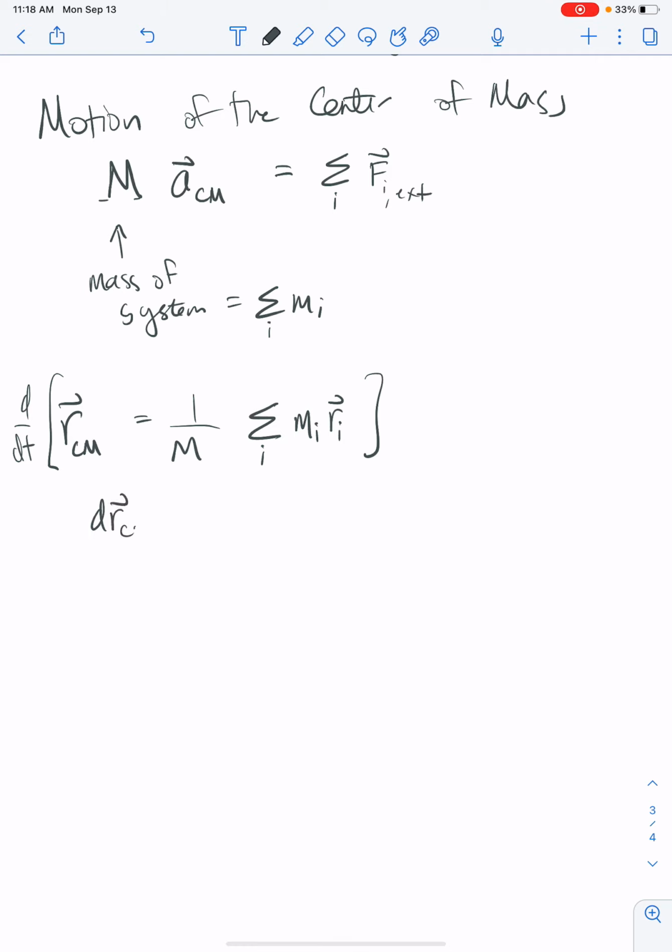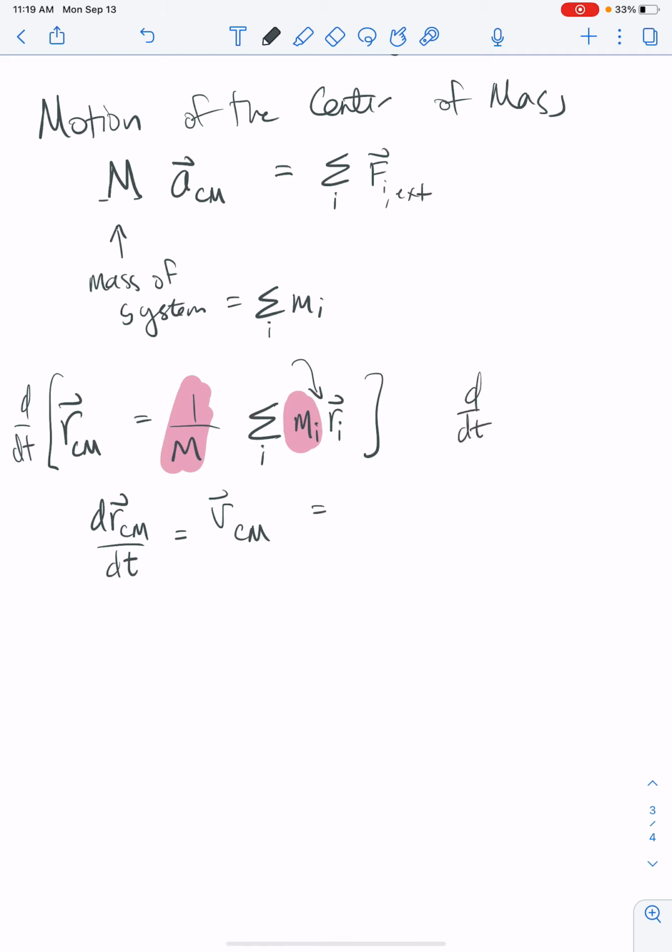So that's dr dt of the center of mass, which is v center of mass. And then we want to take the derivative of the right side of the equation. All our mass terms are just constant, so we can move our derivative all the way in here and take the derivative with respect to each of these positions.